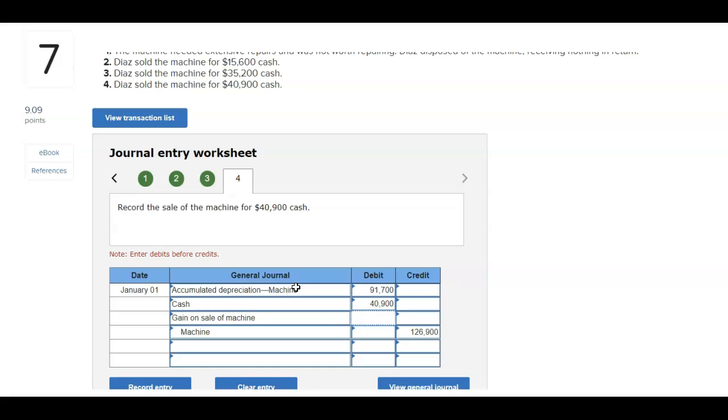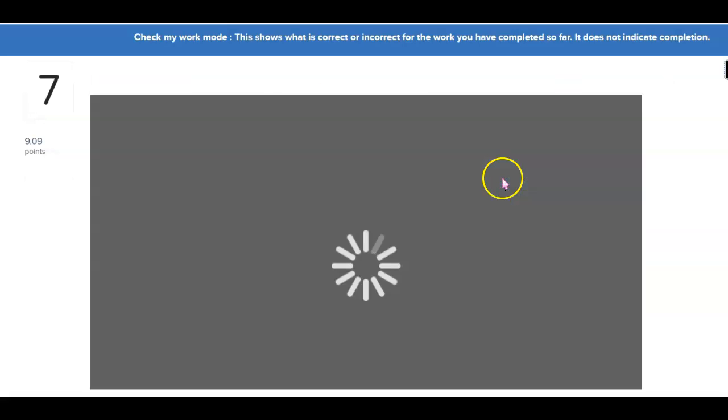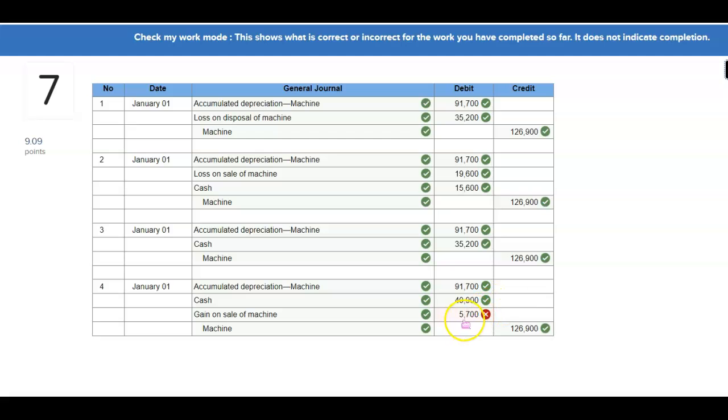It's gonna be 5,700. I'm gonna double check that just to make sure, but I think that might be right. We're going to check that. Yeah, so this one's wrong.